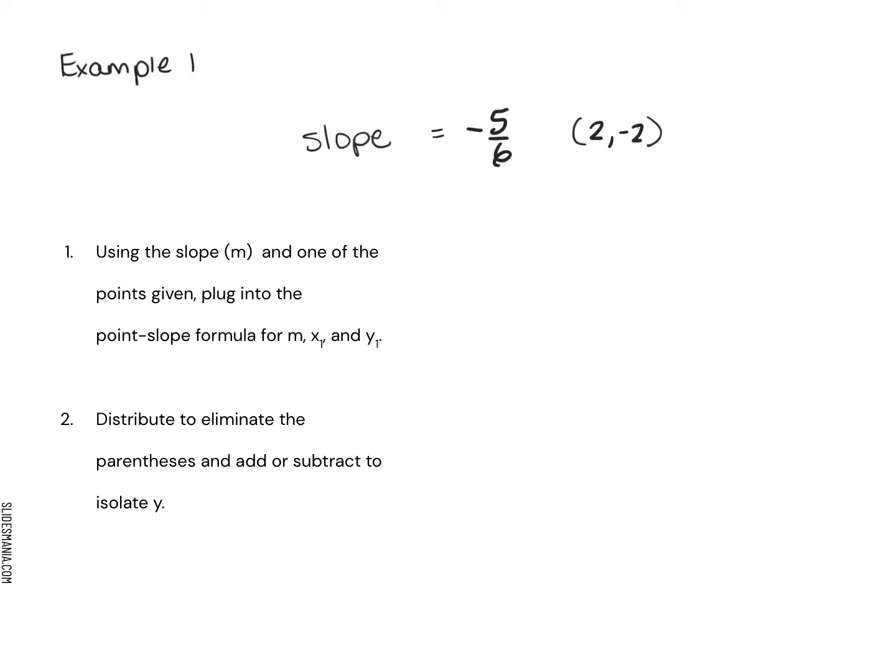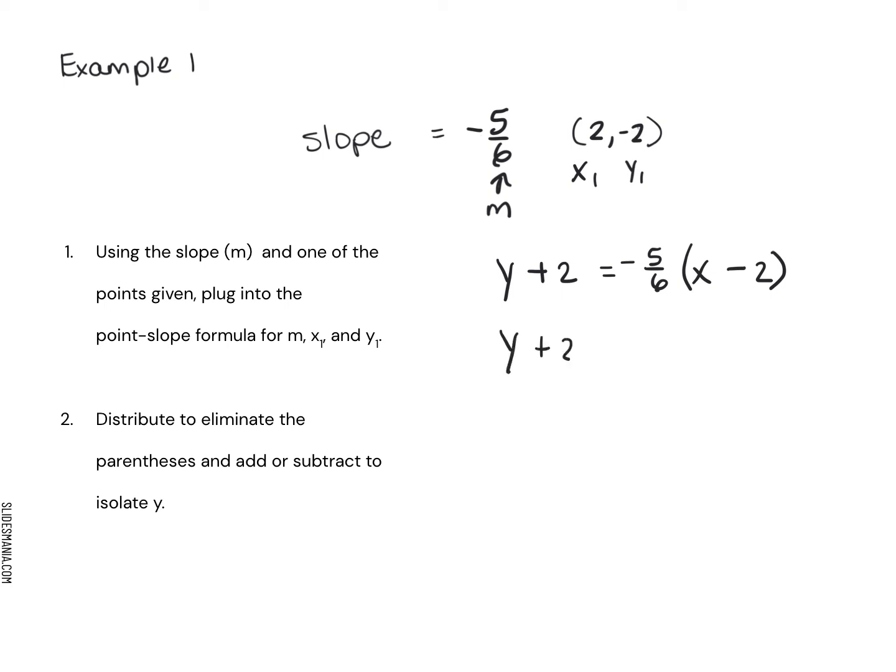In the next example, we are given a slope of -5/6. That's going to be our m. And the point 2, -2. 2 is x1, -2 would be y1. Using the slope and one of the points, we're going to plug into y minus y1, which is -2, so we make that a plus, equals -5/6 times x minus x1, which is 2.